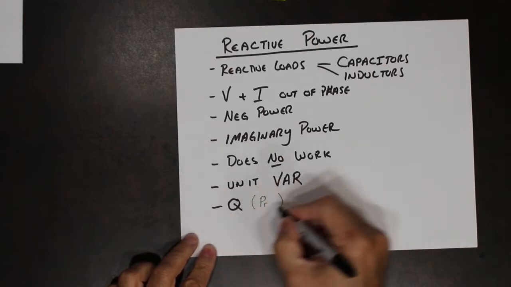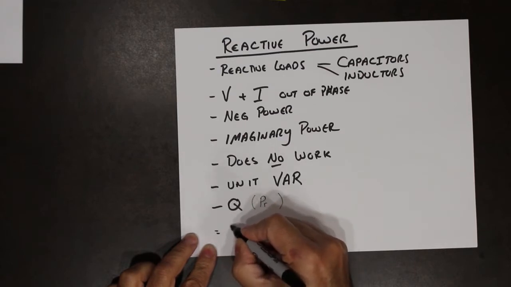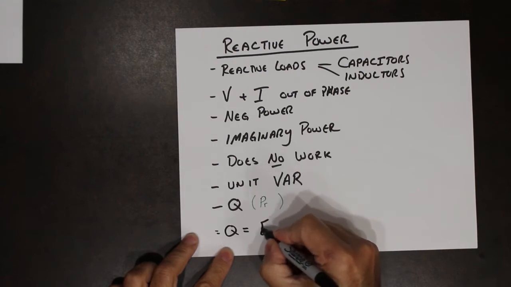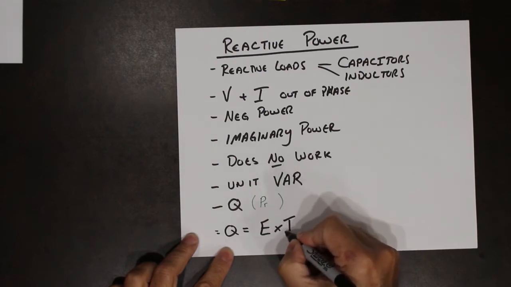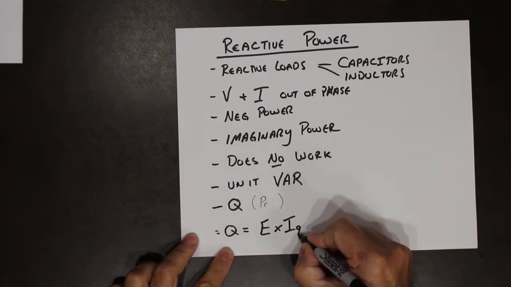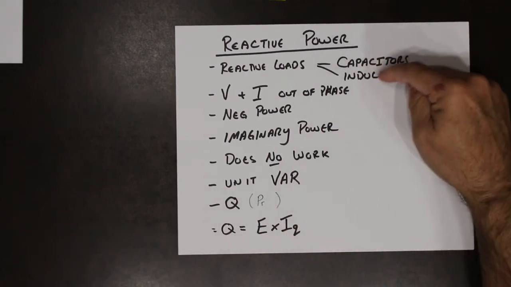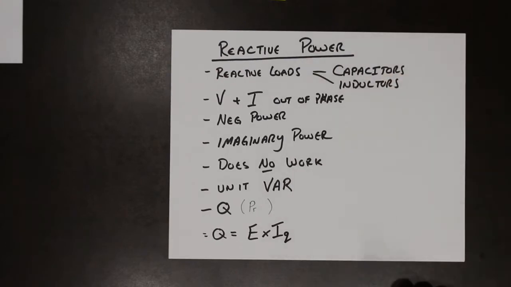The formula for calculating Q is equal to E times I of Q, which is the current flowing in the reactive part of the load.